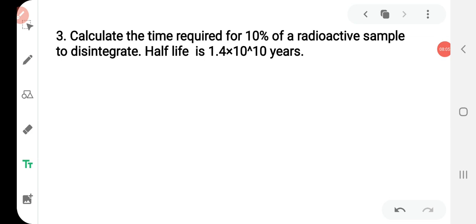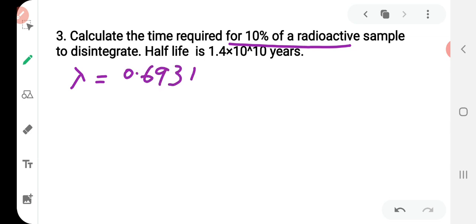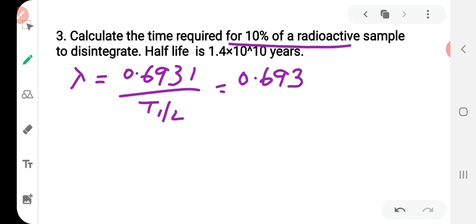Another question, calculate the time required for 10% of a radioactive sample to disintegrate. Half-life is 1.4 into 10 raised to 10 years. So t half is given, so immediately you can find decay constant lambda as 0.6931 divided by t half, that is 0.6931 divided by 1.4 into 10 raised to 10 years.